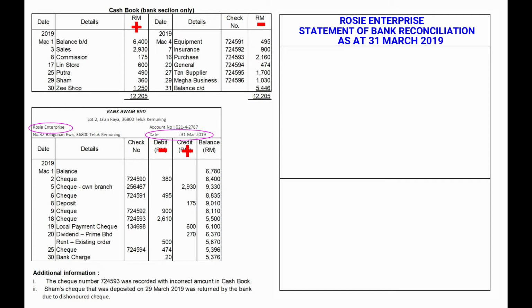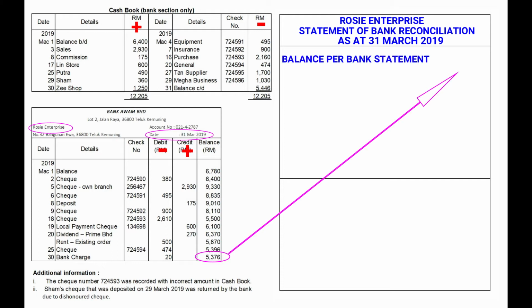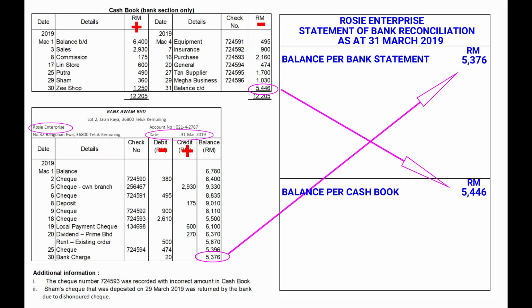Then, write down the ending balance shown in bank statement, 5,376 ringgit Malaysia, and ending balance shown in cash book, 5,446 ringgit Malaysia to be analysed.